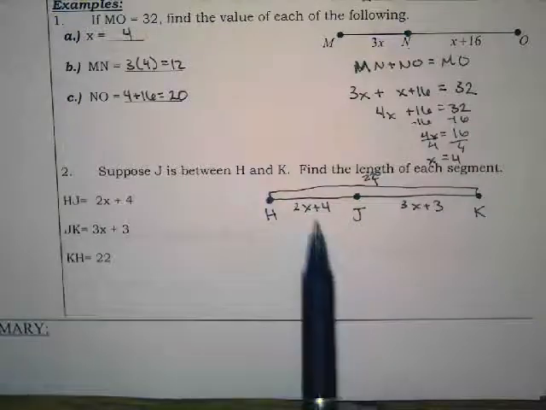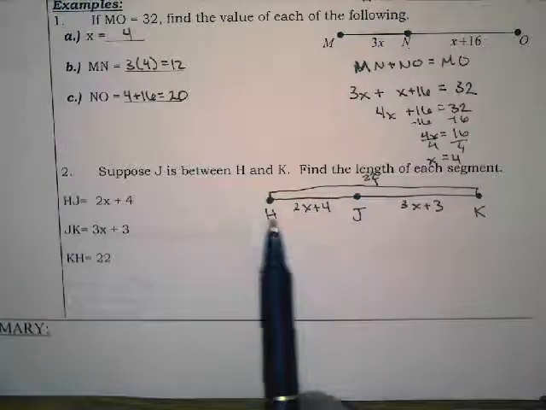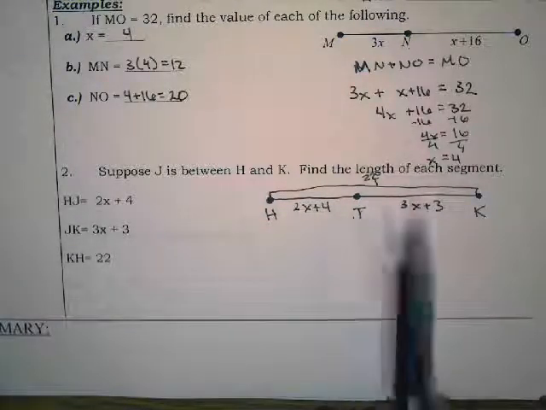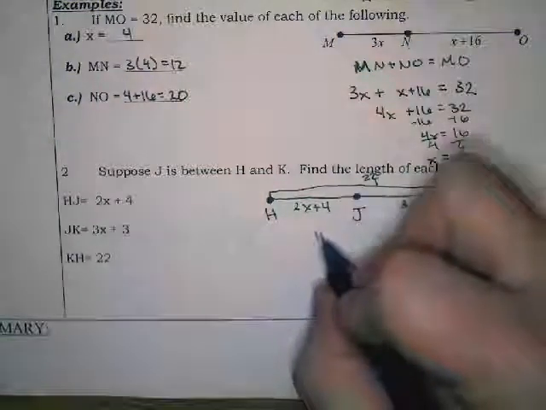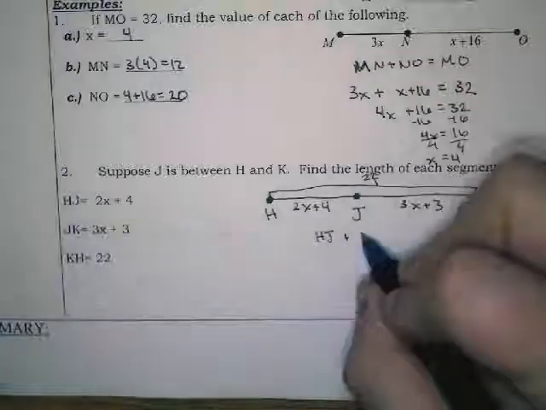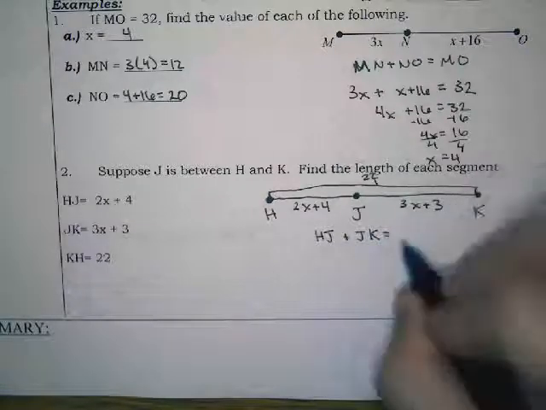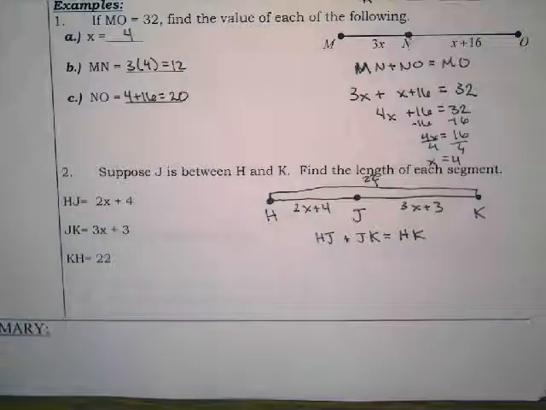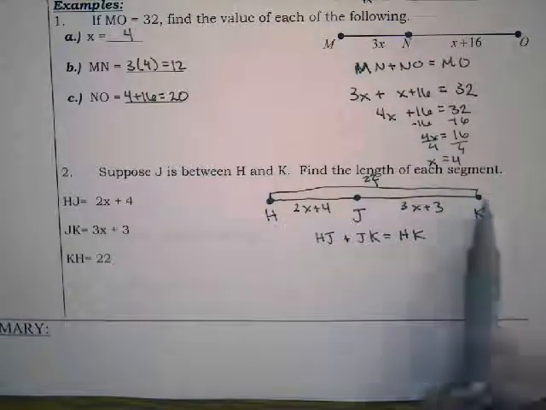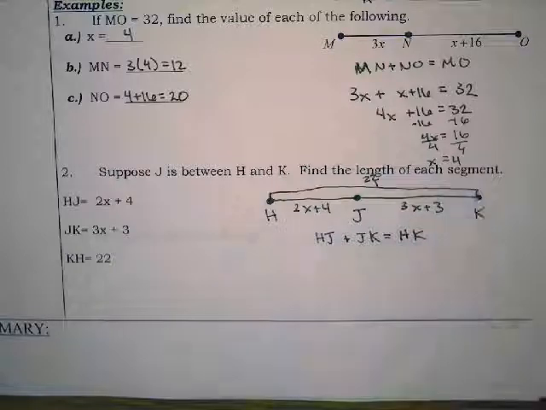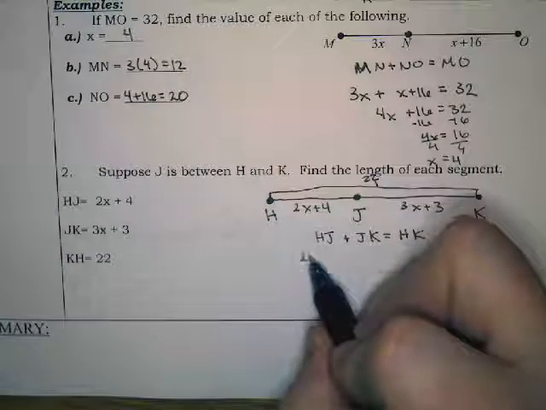So now that we see how this is set up, we know if we add HJ plus JK, that would equal HK. So let's write that little equation. HJ plus JK is equal to HK. We add the pieces together. Piece HJ plus piece JK will equal the whole HK. So now I'm going to replace everything.